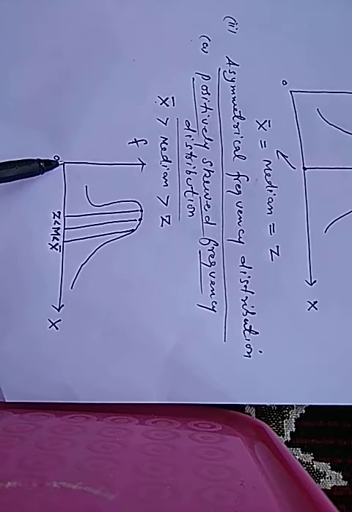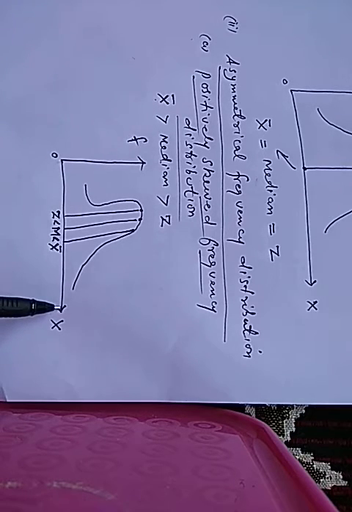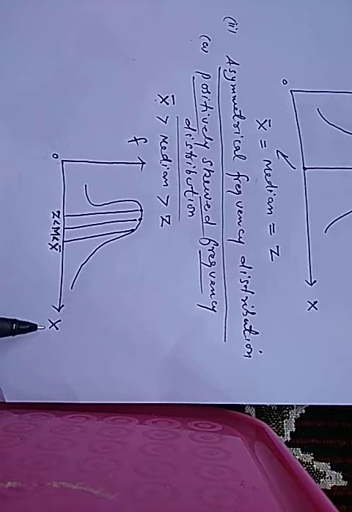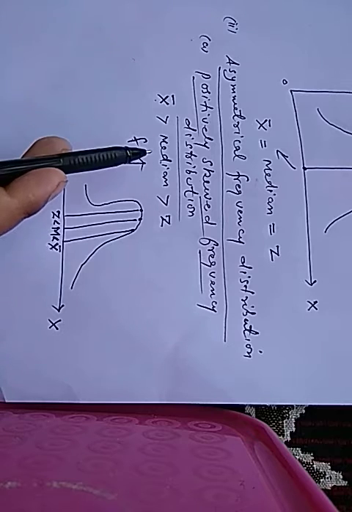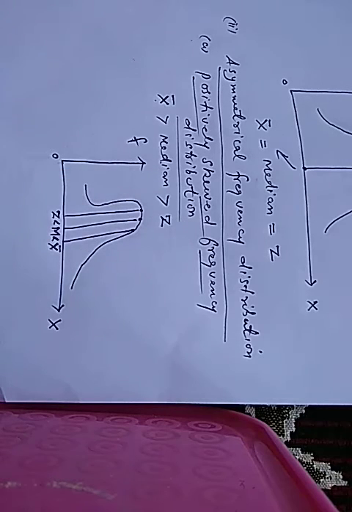Because as we move from this point towards this direction, it shows the highest value of the variable. As it lies on the right side of these, the value of arithmetic mean will be greater than the value of median and mode.